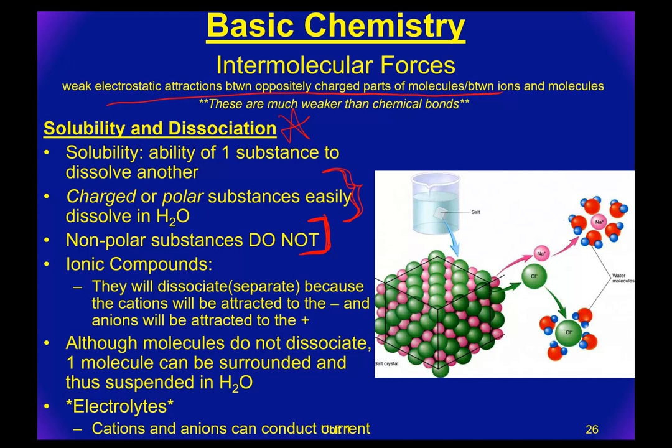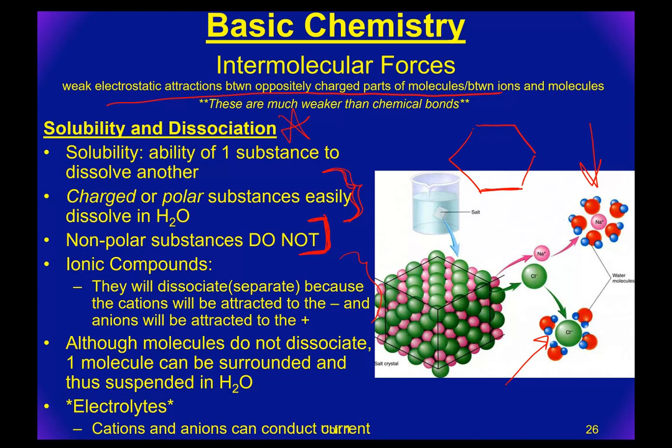Okay. Ionic compounds will dissociate, they'll separate, because the cations will be attracted to the negative, and the anions will be attracted to the positive, just like what we see over here. Although molecules do not dissociate, one molecule can be surrounded and thus suspended in water. So, for example, sugar is a ring structure.